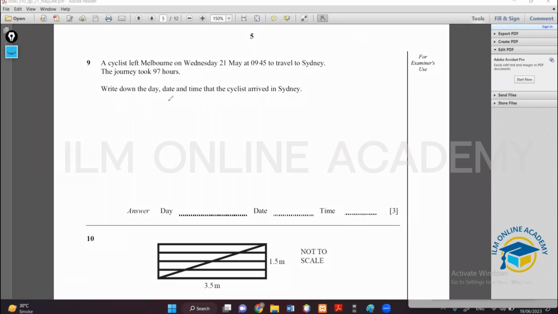Now they have asked us to write down the day, date and time. So let's take those 97 hours. We can imagine it took him some days to reach there, right? So first we will do 97 divided by 24.